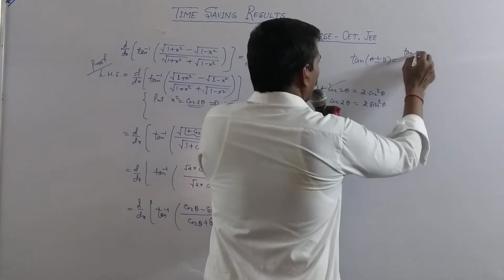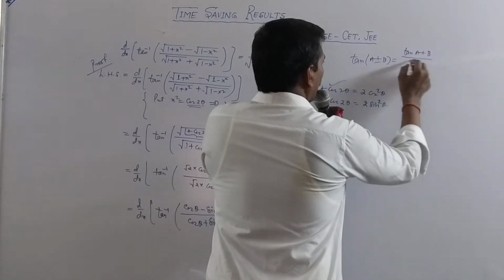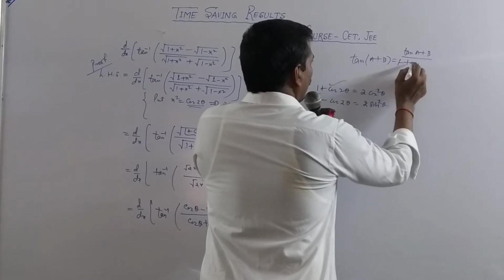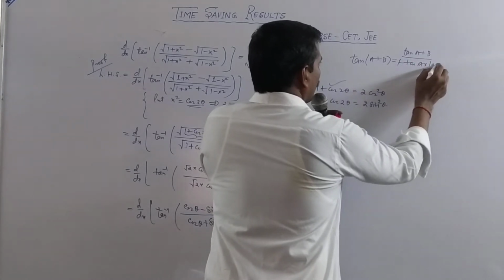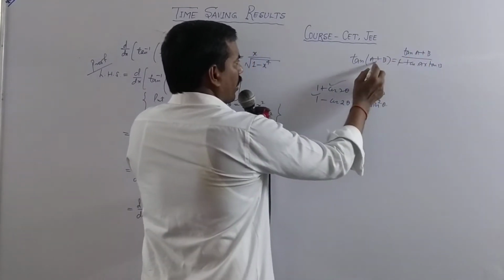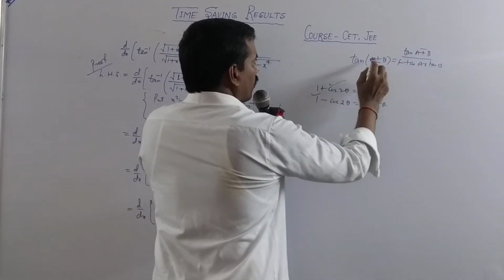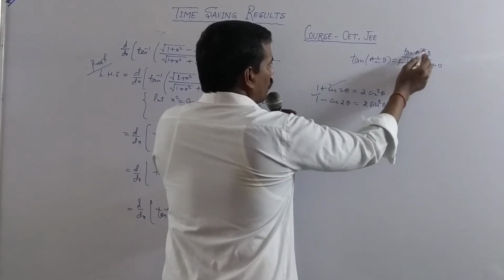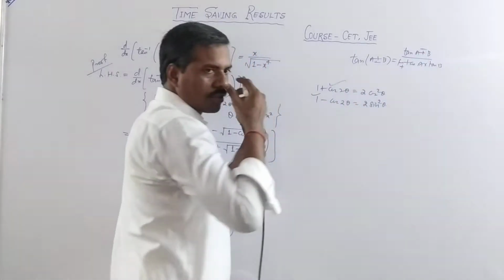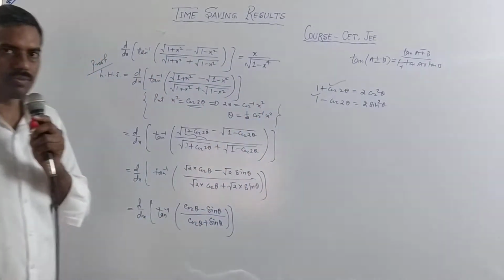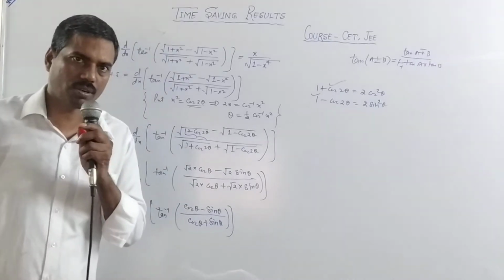We get tan of a plus b as tan a plus tan b upon 1 minus tan a into tan b. When plus, we get minus in the denominator, and when minus, we get plus; the opposite of plus is minus, opposite of minus is plus. Okay, the pattern is matching with compound angle of tan.